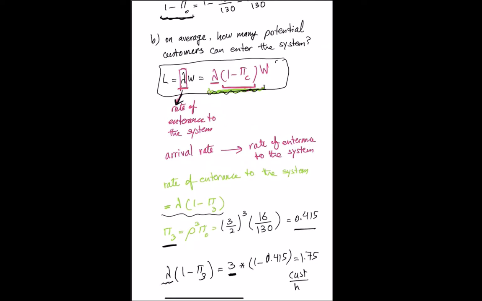So that's why we multiply lambda by this to calculate the rate of entrance. But that formula that we previously calculated is for the M/M/1 system.